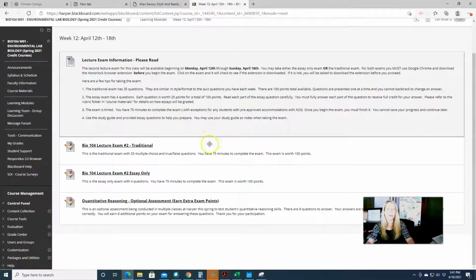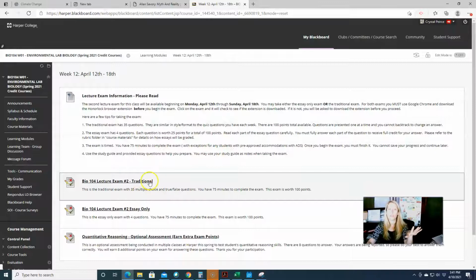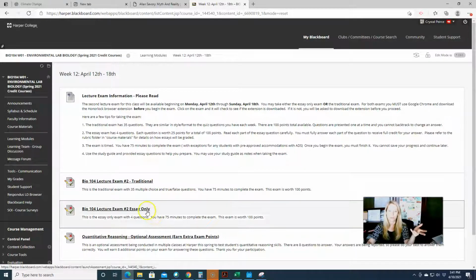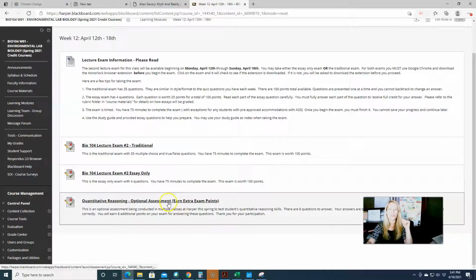In addition to the two options that you always see, the traditional exam and the essay-only exam, you also have something a little bit different this time. This is an optional assessment, but if you complete it, I will give you 8 points on your exam. It doesn't matter how you answer them, right or wrong. If you answer them, I'll give you credit.